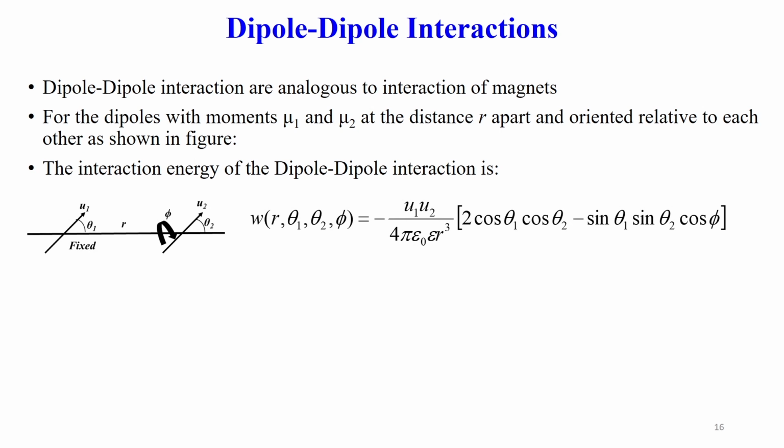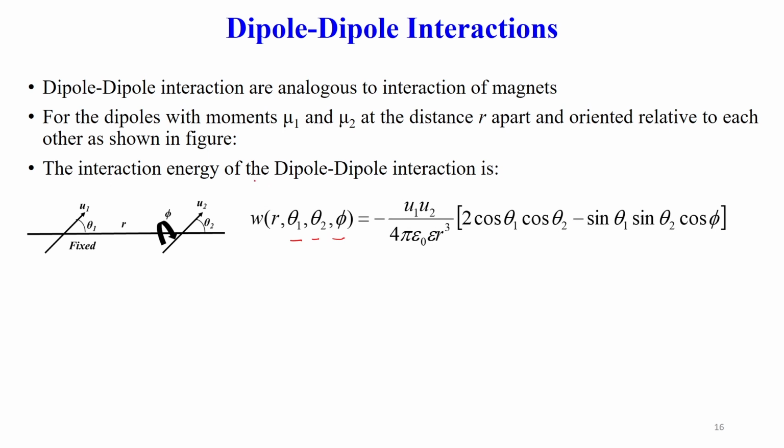Now, we are going to have two dipoles. Two dipoles means both are going to have certain angles. So, it will be a function of r, a function of theta 1, a function of theta 2, and another angle phi. So, it will be a function of the four. Dipole interactions are analogous to the interaction of magnets, and of course, they are going to have separate moments mu 1 and mu 2 separated by a distance r.